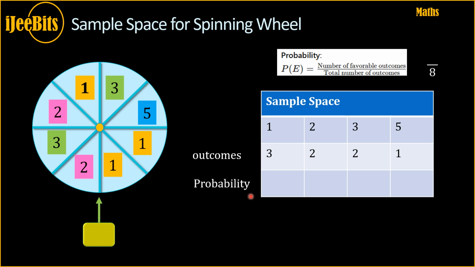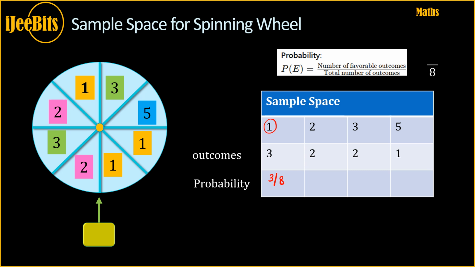So your probability is nothing but the number of favorable outcomes divided by the total number of possible outcomes. If you assign a number to this event, how do you represent it? This is nothing but 3 divided by 8. So the probability of getting 1 would be 3 favorable outcomes divided by the total number of possible outcomes, 3 by 8, right?